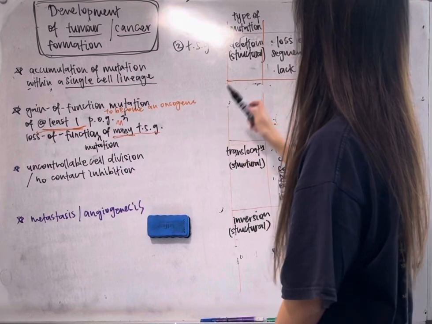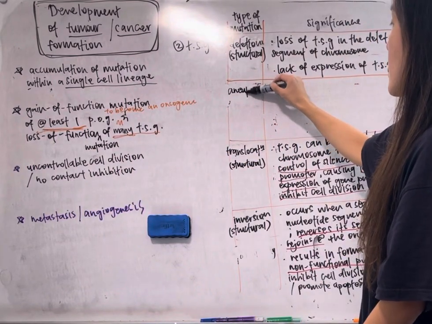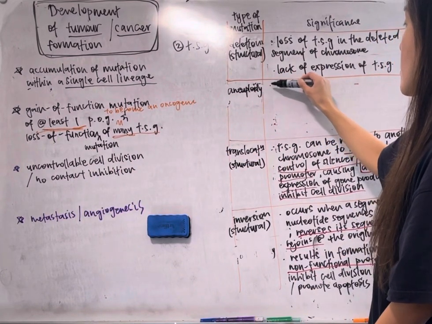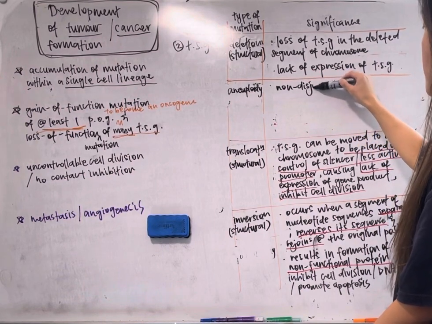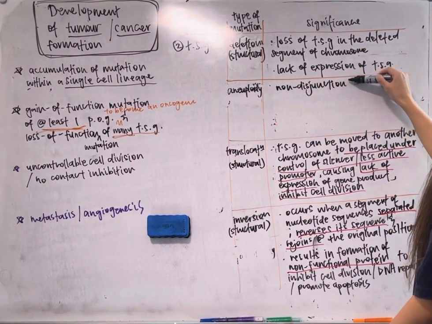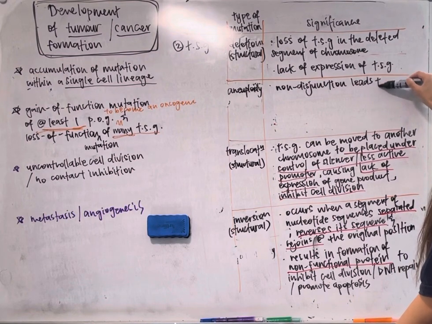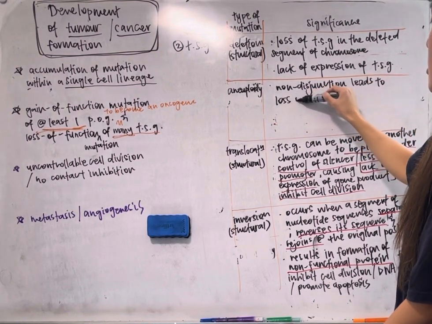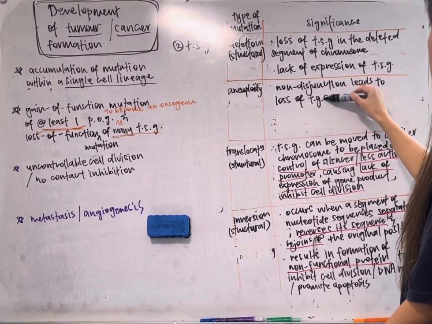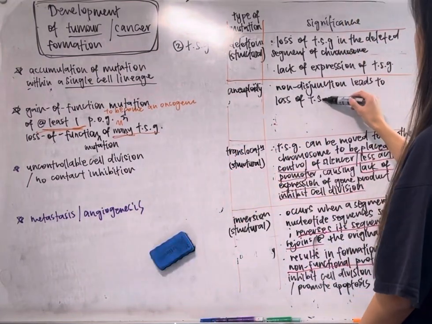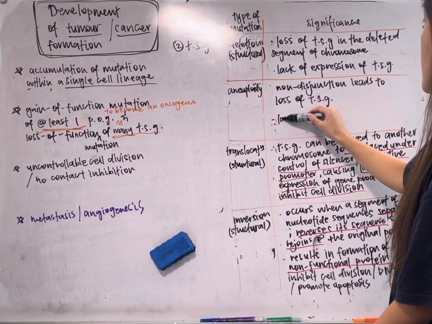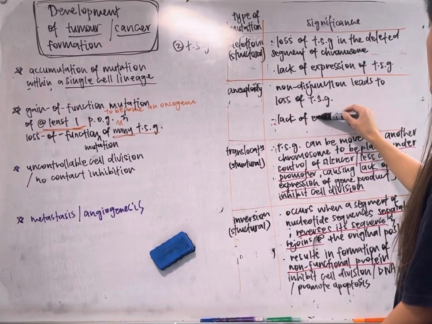Same thing: non-disjunction leads to loss of tumor suppressor genes. So you just need to take note, this results in lack of expression.